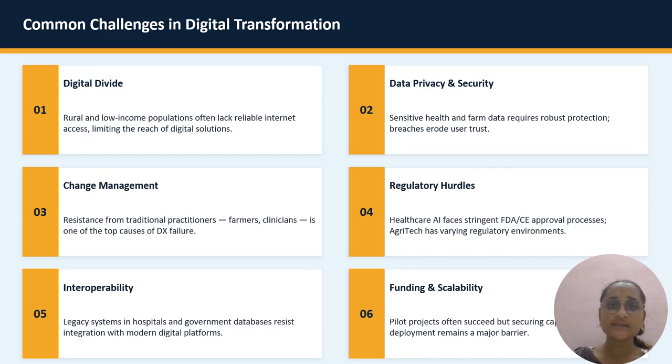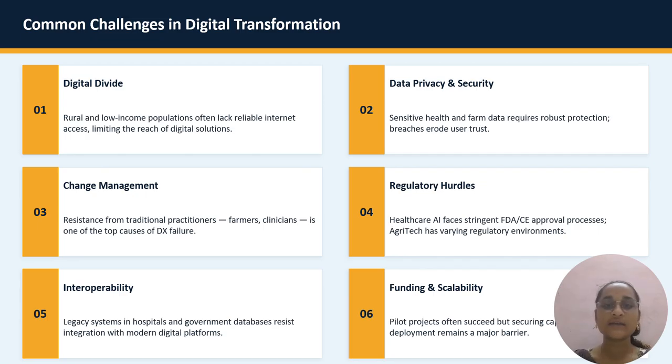Then fifth one is interoperability. Legacy systems in hospitals and government databases resist integration with modern digital platforms. Old hospital software does not talk to new apps. Data gets stuck in silos, so you can't build a unified system.